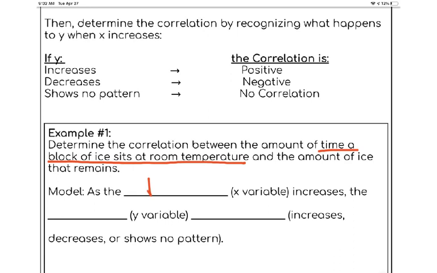Time is our X variable, and as it increases, the amount of ice remaining is actually going to decrease. Because we know that when ice sits for a long period of time at room temperature, it's going to melt. So the ice that's remaining is decreasing.